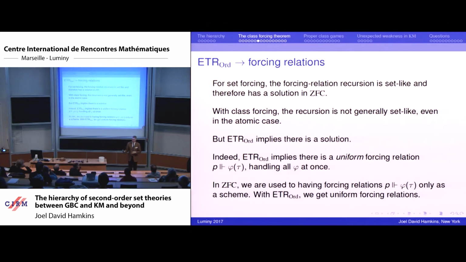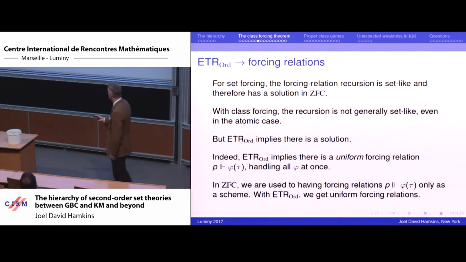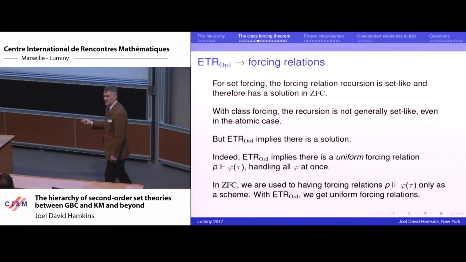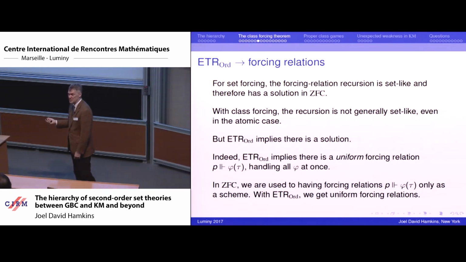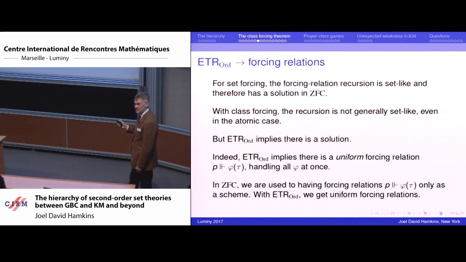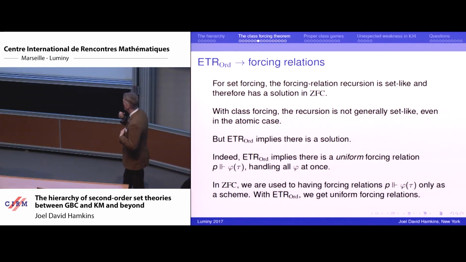You define that recursion and it has a solution because it's set-like, and in ZFC, set-like recursions have solutions. But in class forcing, that recursion is no longer set-like, and so you cannot necessarily prove that there is a solution in GBC. But with ETROrd, you can. ETROrd says exactly that you can carry out recursions of length Ord, and that recursion is a recursion of length Ord, and so therefore there's a solution of the forcing recursion.